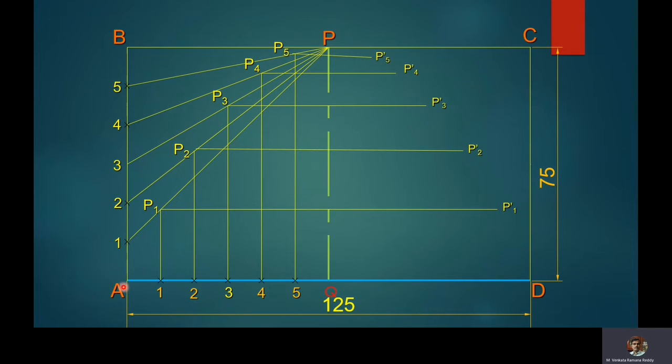Then starting point as A, passing through P1, P2, P3, P4, P5, P5 dash, P4 dash, P3 dash, P2 dash, P1 dash, and D. Draw a smooth curve. The smooth curve is the parabola. The construction of the first parabola, that is with base 125 and axis 75 mm, is completed.